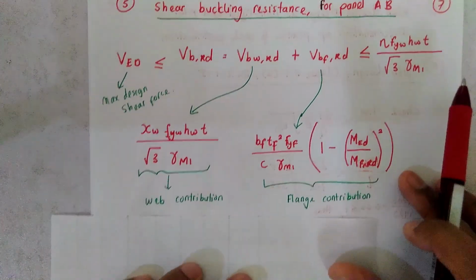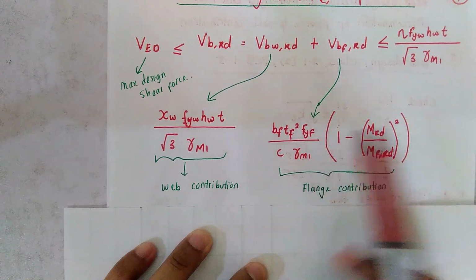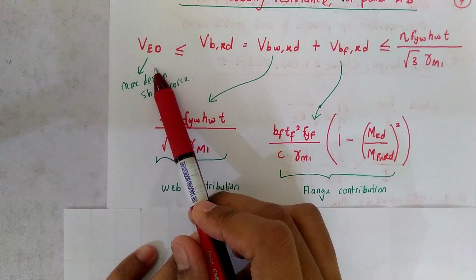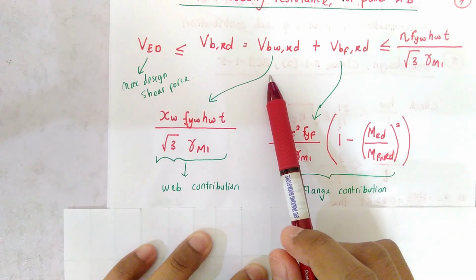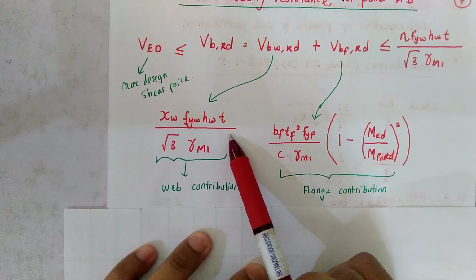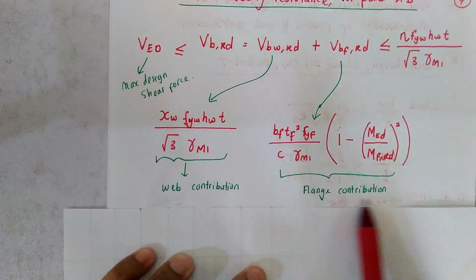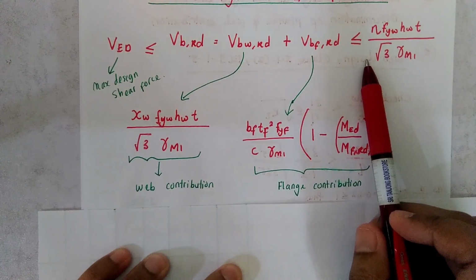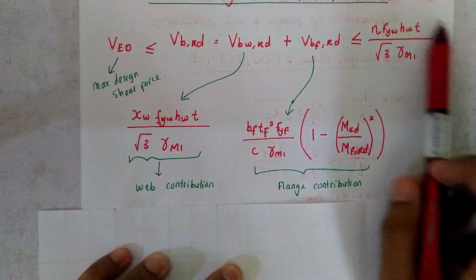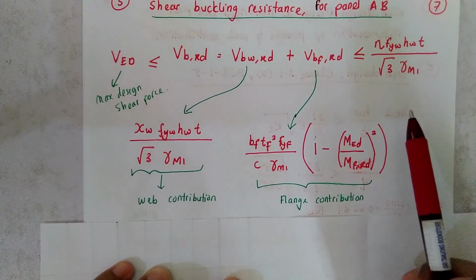This is the requirement, where VED represents the maximum design shear force, VBWRD represents the web contribution, and VBFRD represents the flange contribution, and it must be lower than the requirement given in the Eurocode.